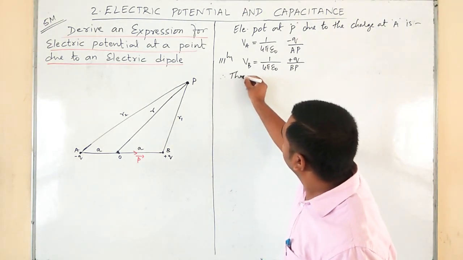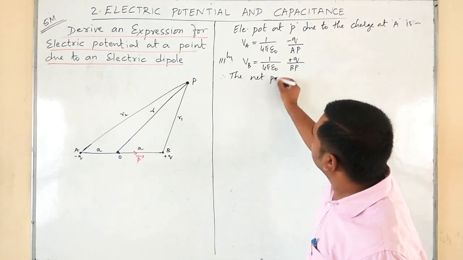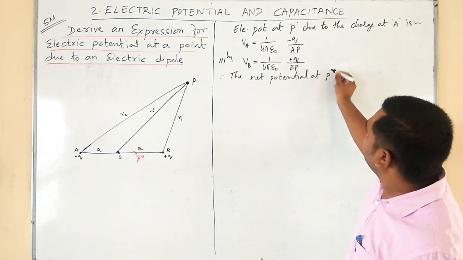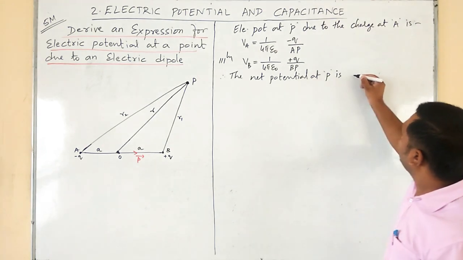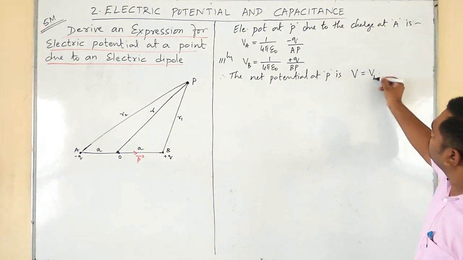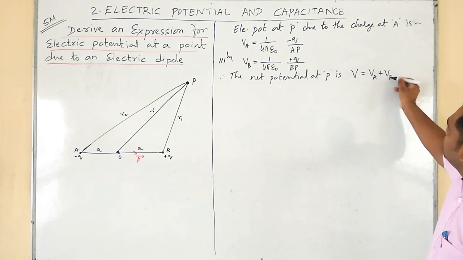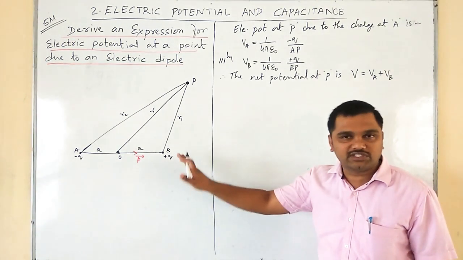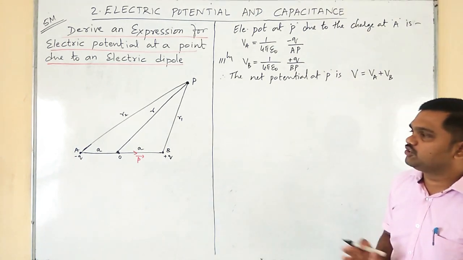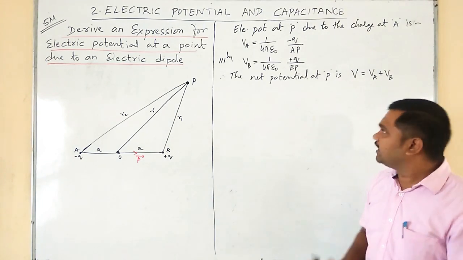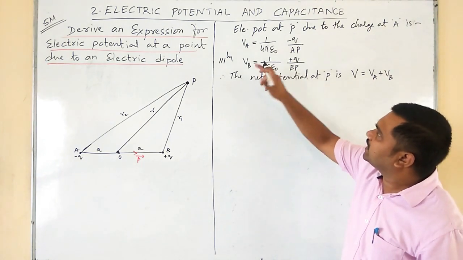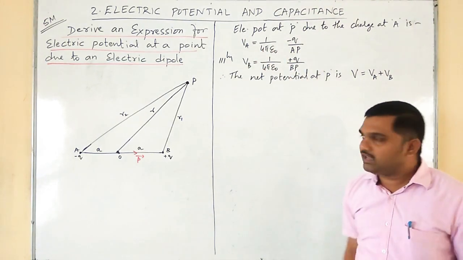Therefore, the net potential at P is V is equal to VA plus VB. We know that electric potential due to a positive charge is positive, electric potential due to a negative charge is negative. Therefore, V is equal to VA plus VB. What can we take common in VA and VB?